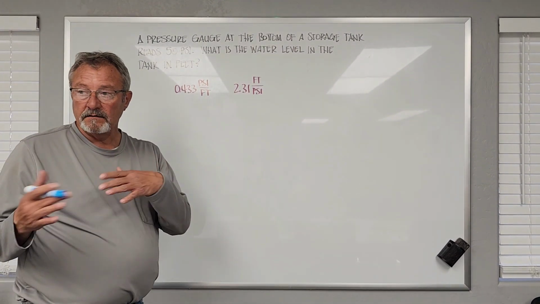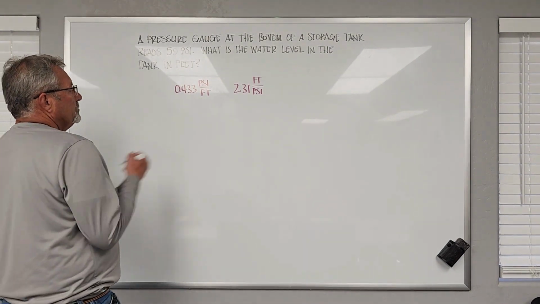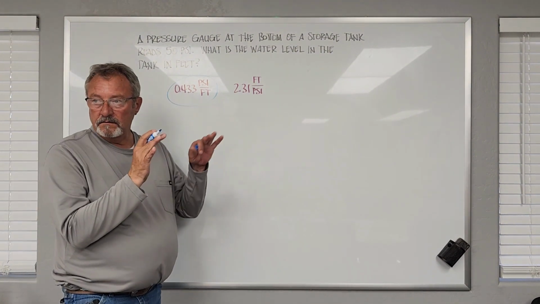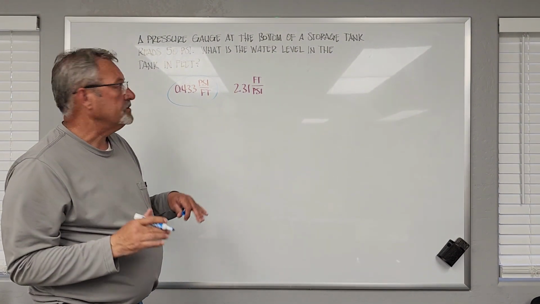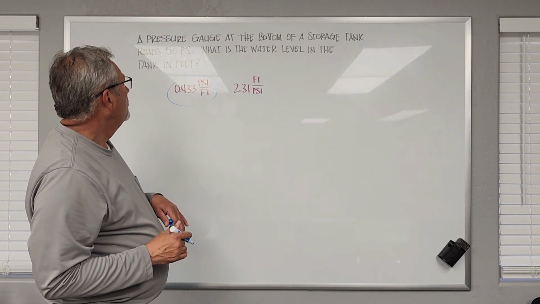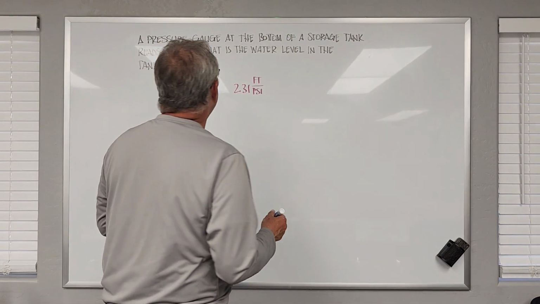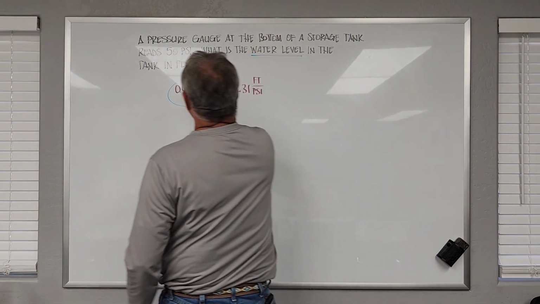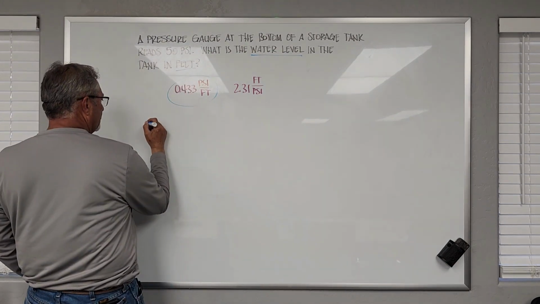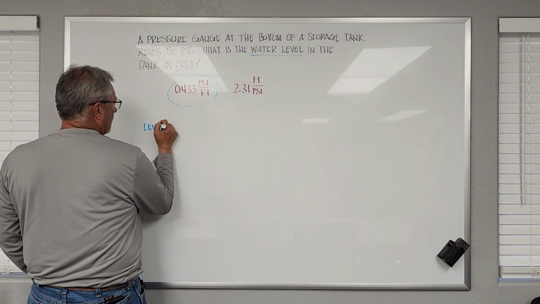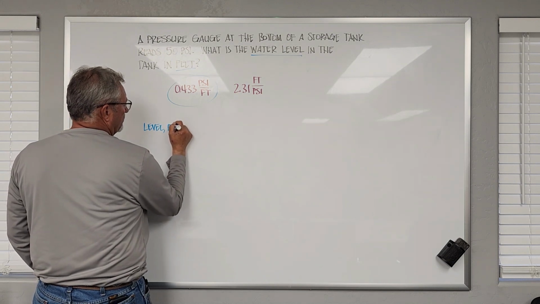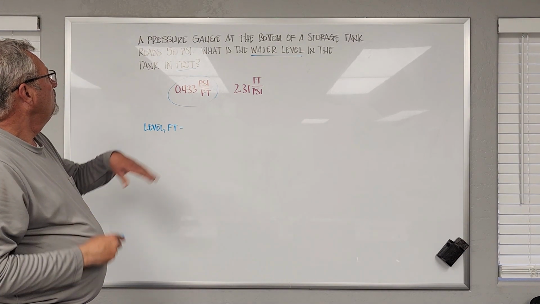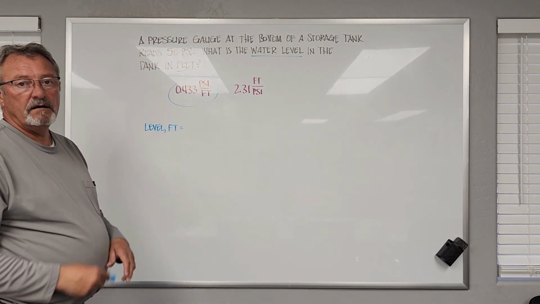As I discussed in my last problem that we just solved, I chose 0.433 PSI per foot. That's the one I use when I solve any type of pressure problem. So, pressure gauge, what is the water level? What is the water level in the tank in feet? So I want level in feet. So we know that the gauge at the bottom is 50 PSI.